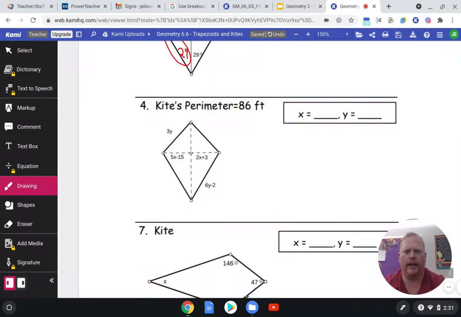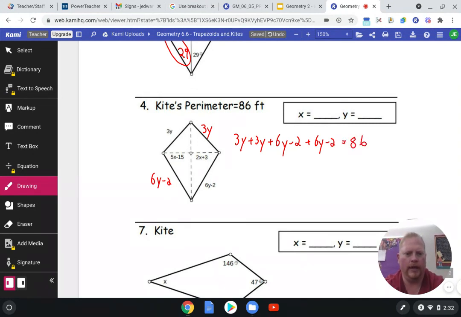So let's check this out. It tells us that the kite's perimeter is 86 feet. So let's figure out: if this is 3y, then this is 3y. If that's 6y minus 2, this is 6y minus 2. So if I add all that up, it will equal 86.